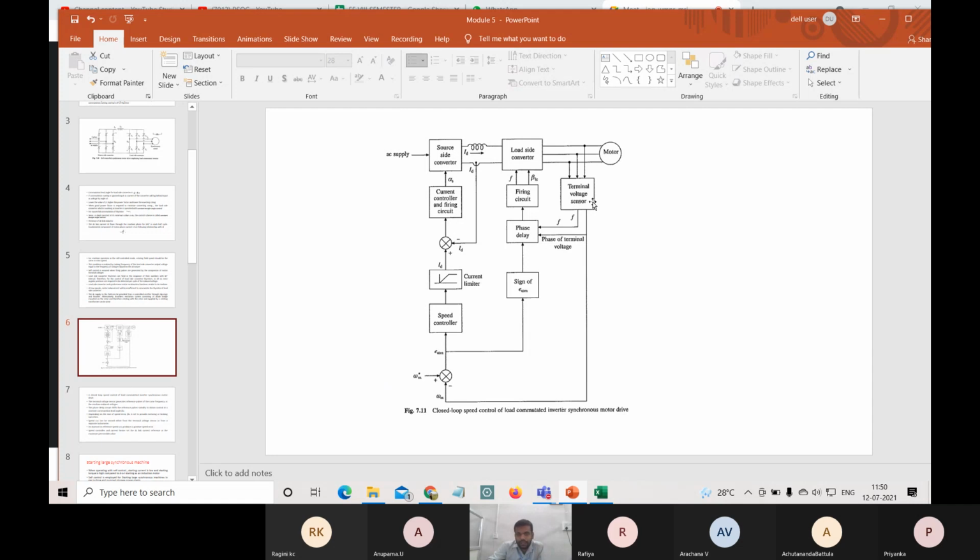The operation of the speed controller is the same, the current controller limiter is the same, the firing circuit, load side converter and source side converter are the same. The operation remains the same, but the application, whether an induction motor or a synchronous motor, differs.